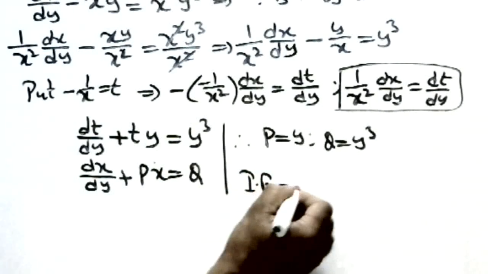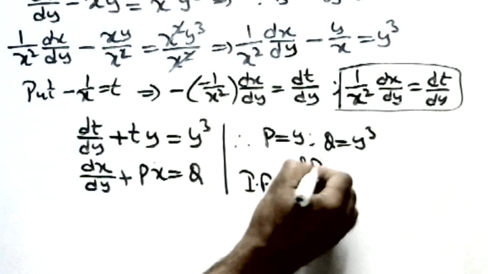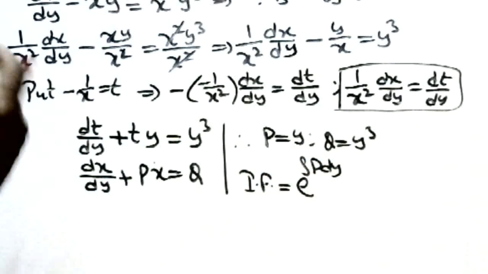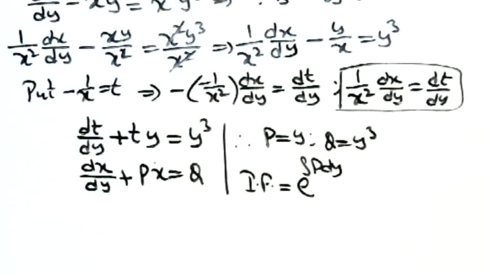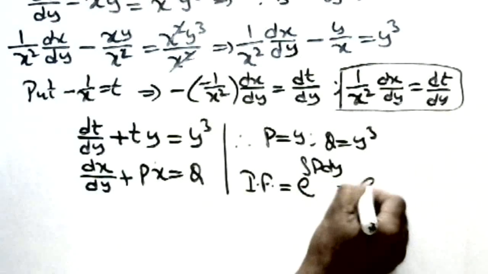Now let me first use the formula: integral factor equals e to the power of integration p dy. We are changing everything. In place of y, we must write x according to the previous method.